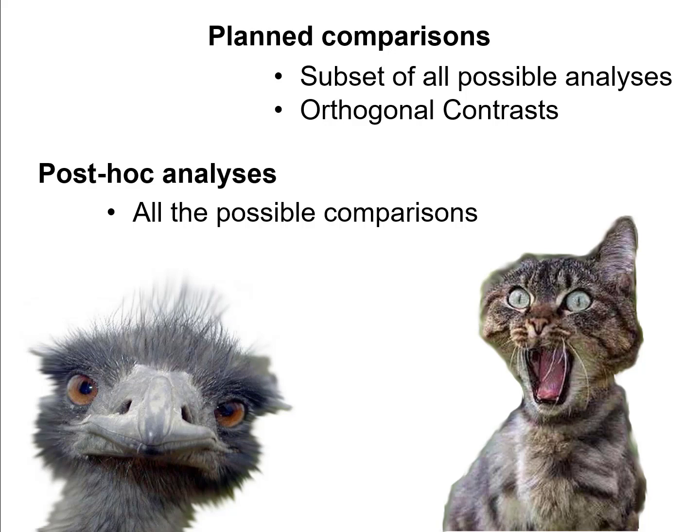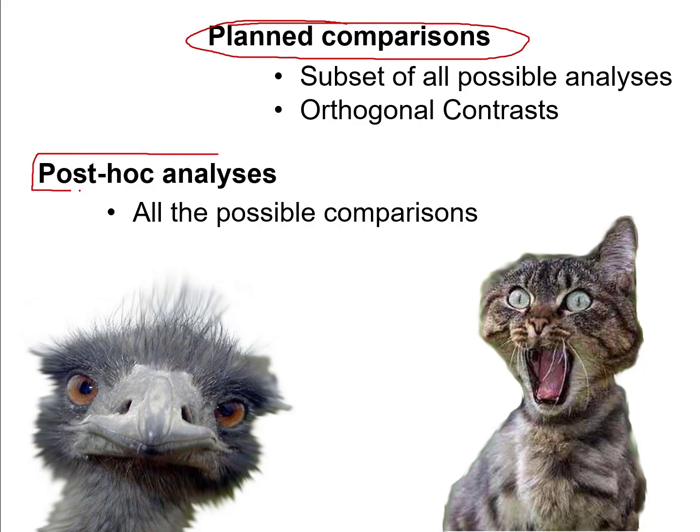Now, I want to make a distinction between two different ways we can address that focused question when we have more than two groups. One way is to do something called planned comparisons, and the other approach is to do something called post-hoc analyses.